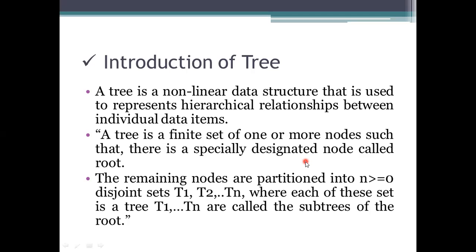So a tree can be defined as a finite set of one or more nodes, designated from the root node. It is partitioned from its root node based on the type of tree you are using, meaning we have multiple tree representations.